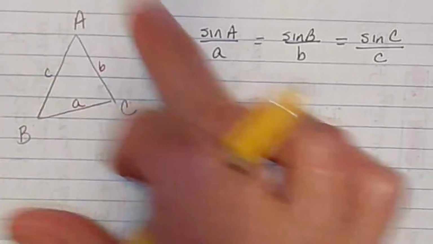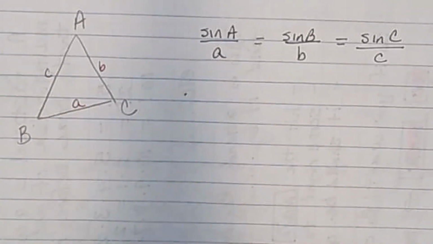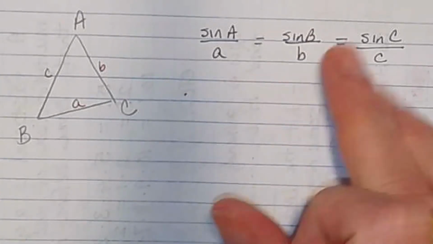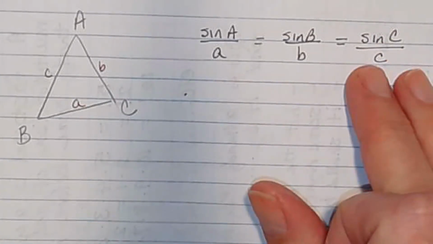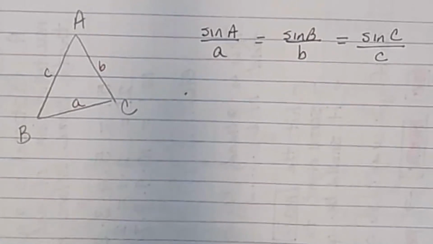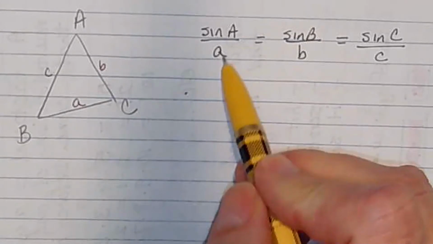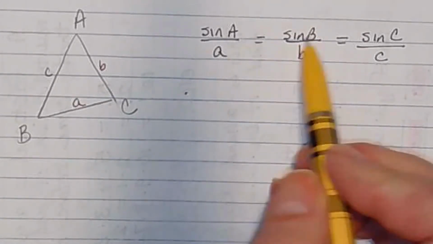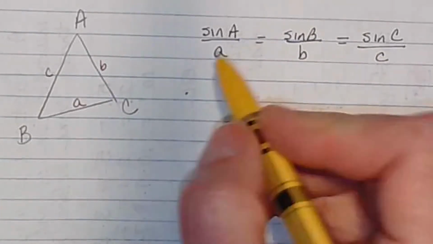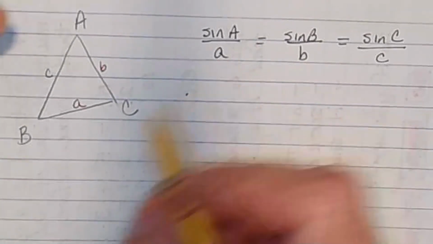When you're solving one of these problems and we start to put numbers in here, you're only going to use a proportion, not an extended one. So let's jump right into a problem and see how this works. But before we do, I want you to remember that you don't have to put the angles on top all the time. Let's say, for instance, I wanted to find side a.